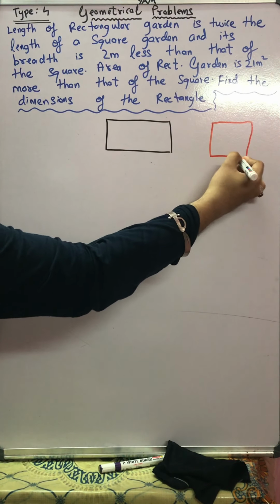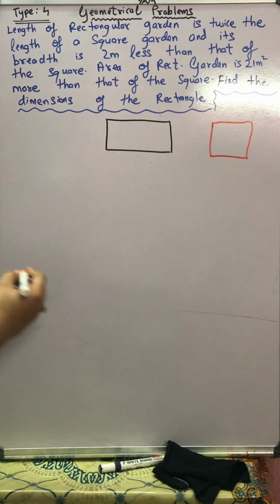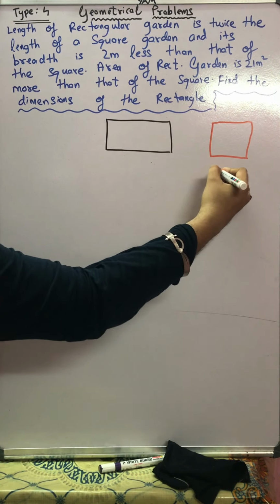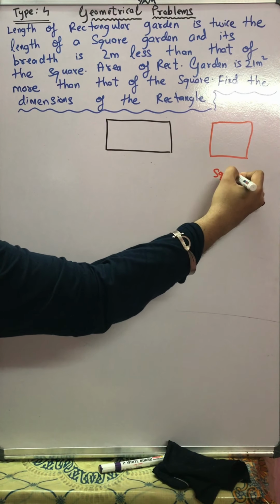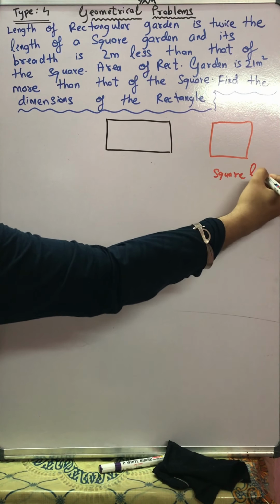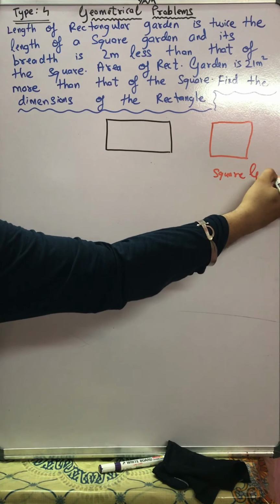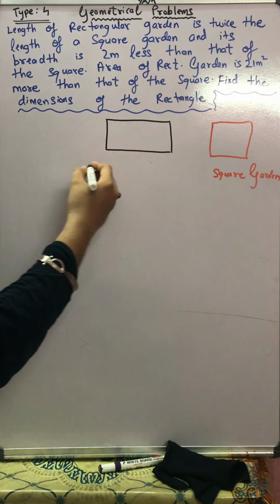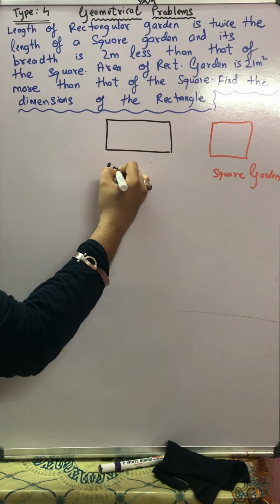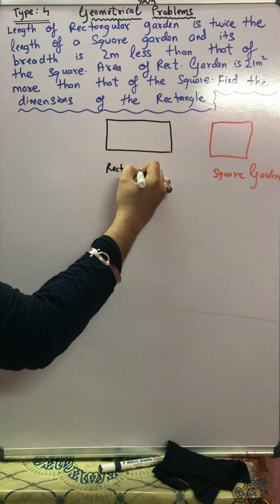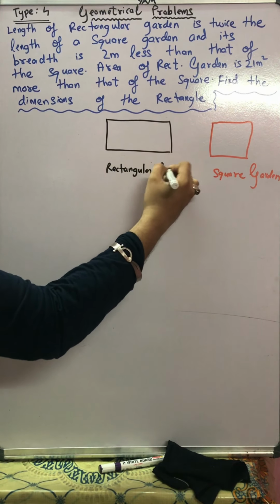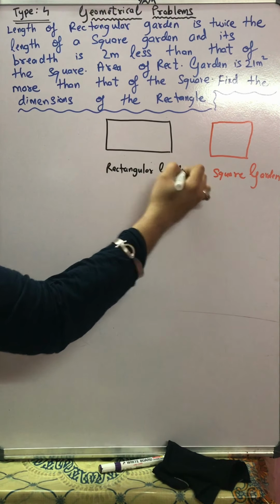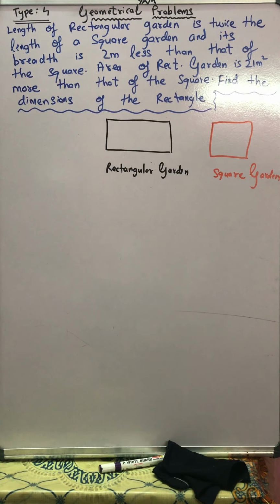Okay, let us say this is my square garden with orange color, and this is a rectangular garden with black color. Okay, great.